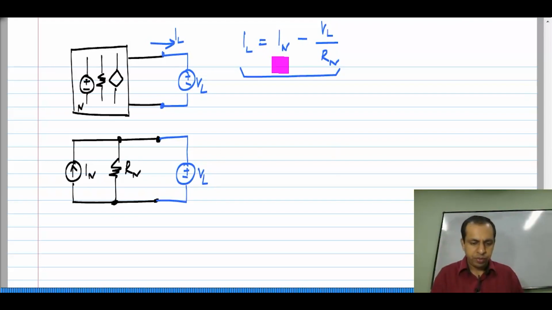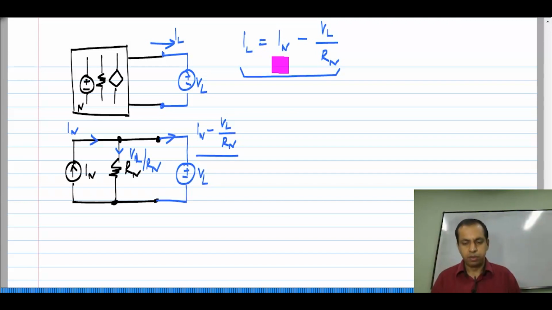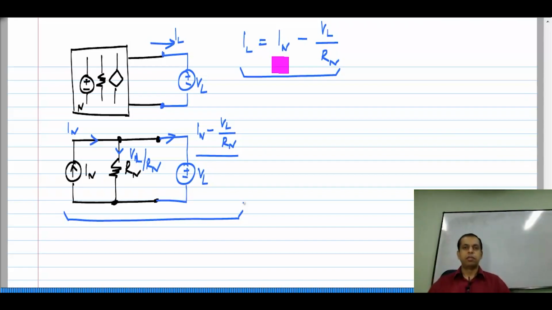Okay. So, clearly you see that the current flowing here is VL divided by RN, the current flowing that way is IN, the short circuit current. So, the current flowing here is nothing but this current minus that current, which is IN minus VL divided by RN. Okay. This is fine.